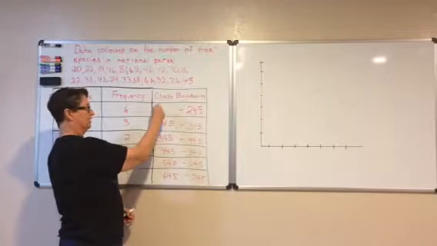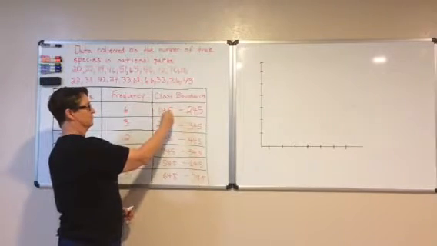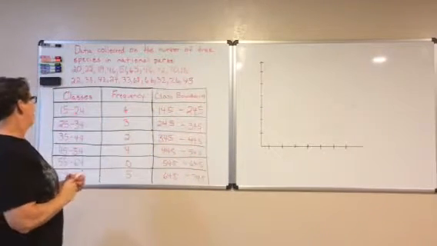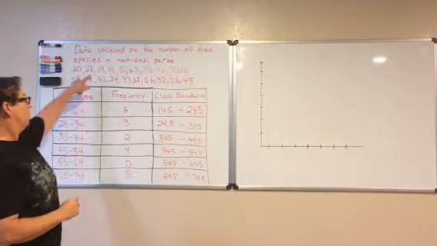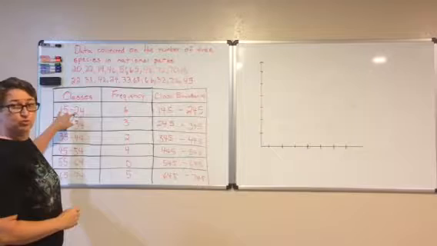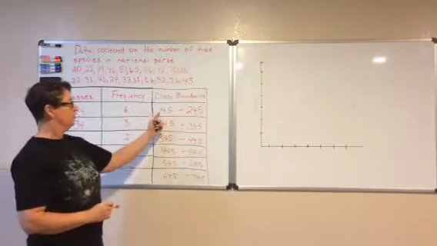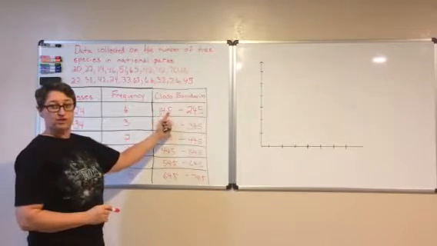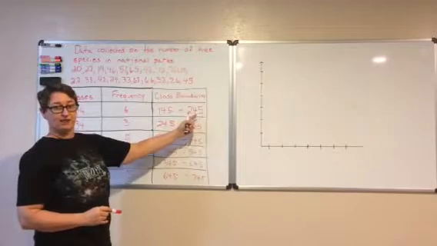And here we're counting by tens, so we just go back 10. Notice that all of my observations in this class of 15 to 24 fall within the class boundaries of 14.5 to 25.5.